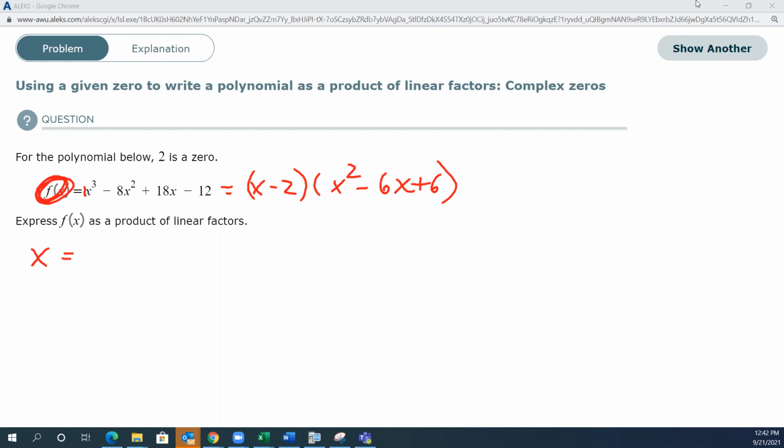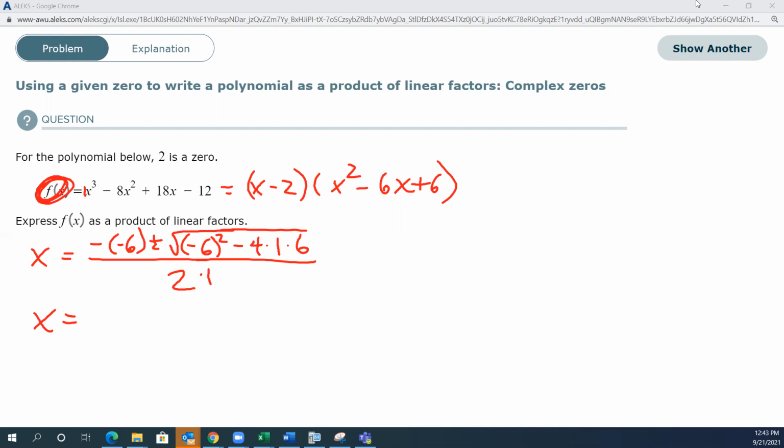So we can do x equals -b plus or minus the square root of b squared minus 4ac, over 2a.